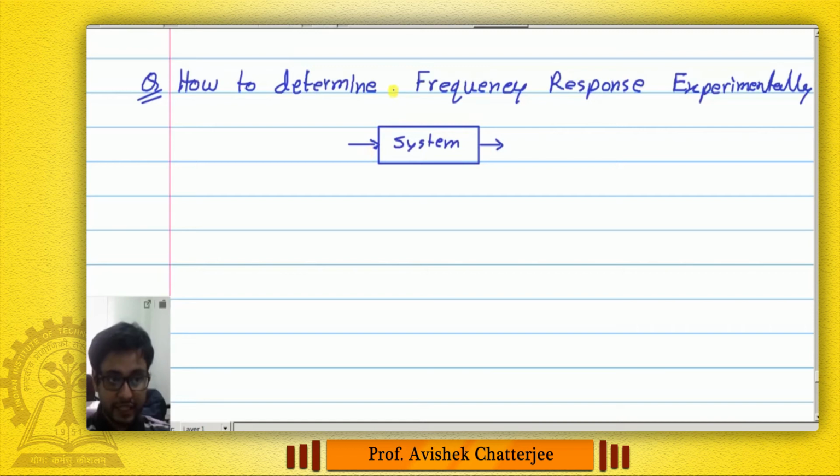Can we then find the frequency response in some way experimentally? Remember, earlier we talked about the impulse response h(t), and the impulse response also contains all the information about an LTI system, and we can determine this experimentally.